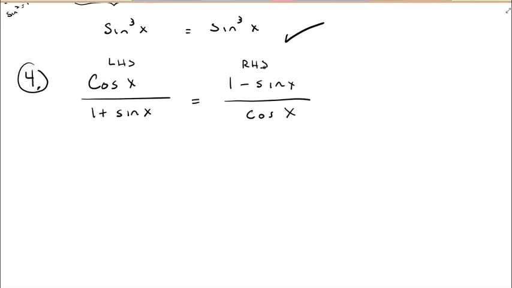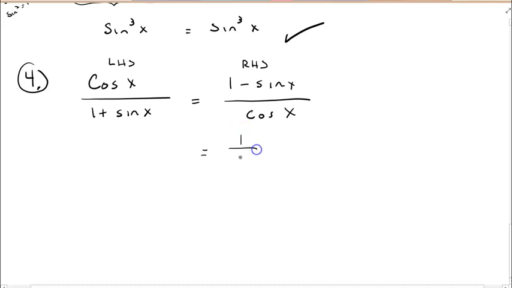You can't even split that one up. It doesn't work. You can attempt to split the right-hand side up, and here's the thing that often happens. You might start to do things and realize they're not getting you anywhere.